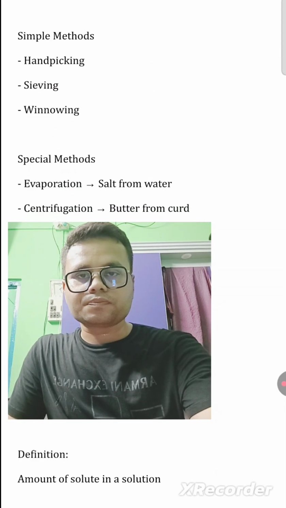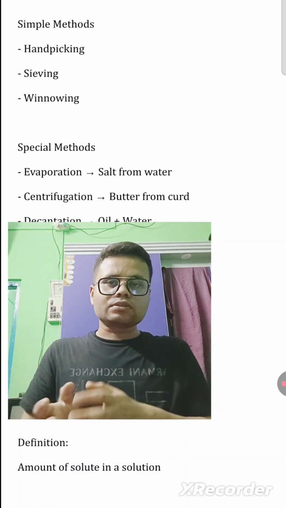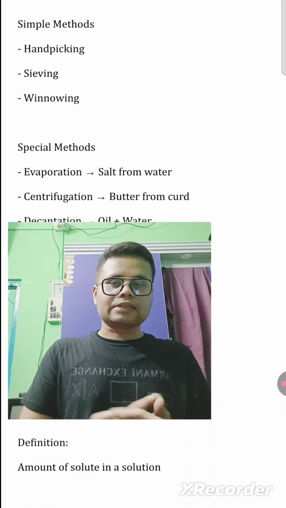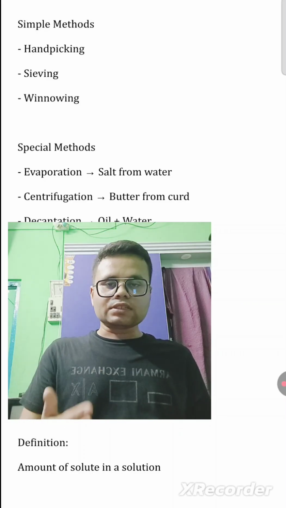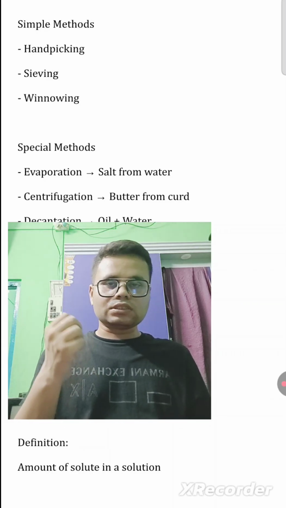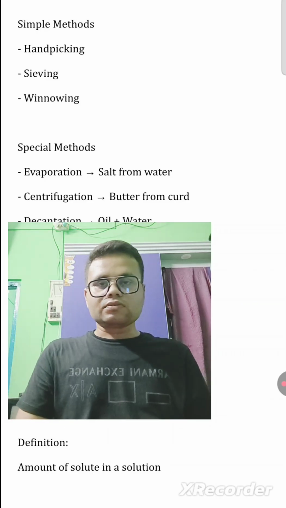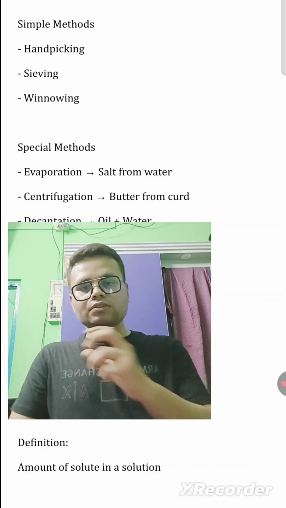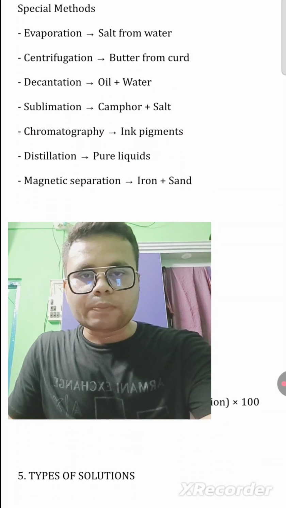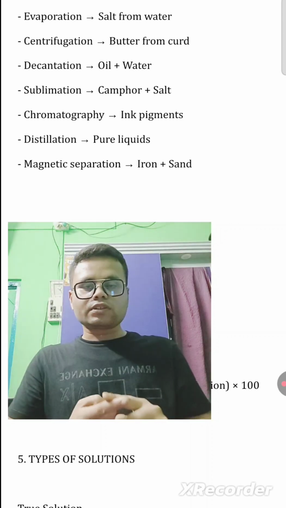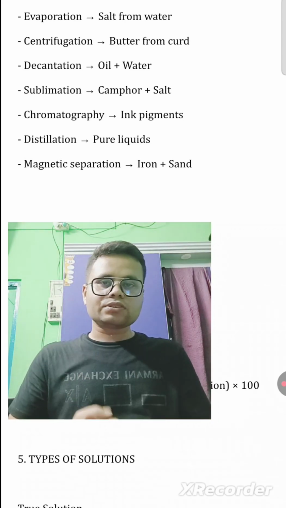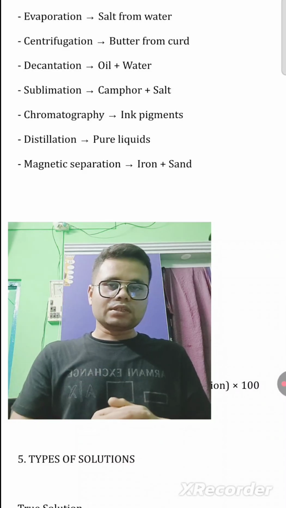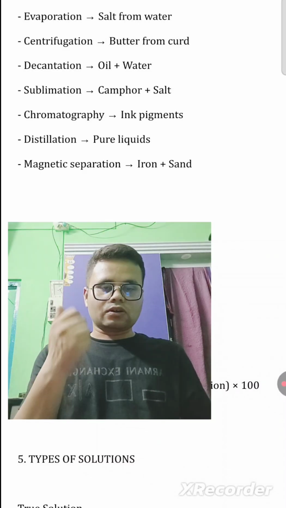Next, the separation of mixtures. There are simple methods: hand picking, sieving and winnowing. And the special methods are evaporation, salt from water; centrifugation, butter from curd; and decantation, oil and water.